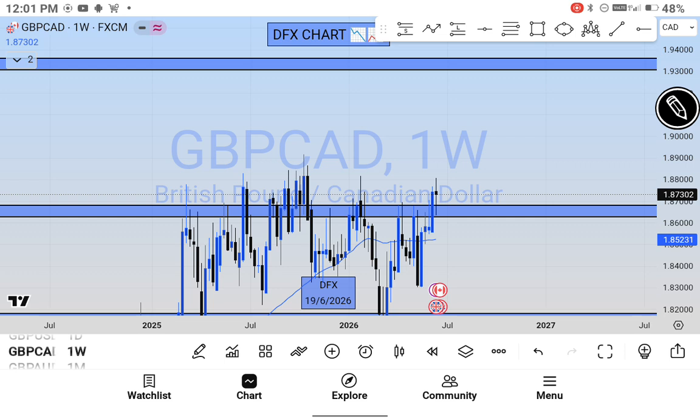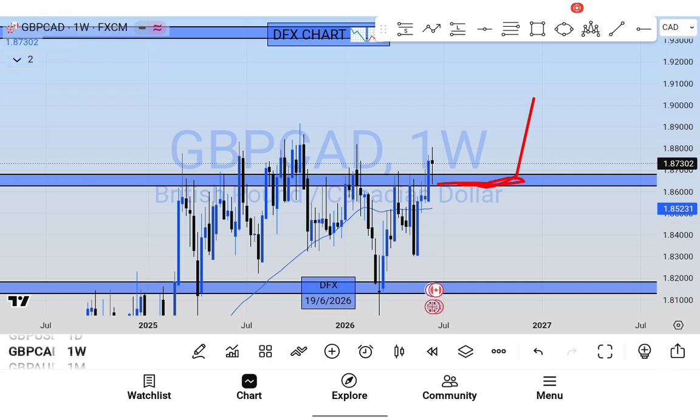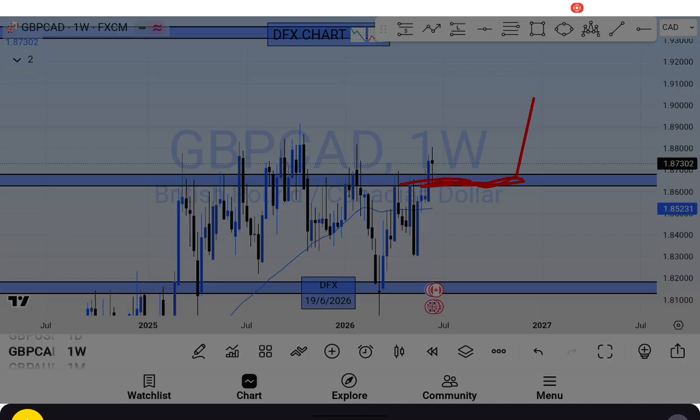Actually, I have a buy trade open on this pair right now. So once the market opens, we start looking for more buys if given the opportunity. So on the weekly time frame, we just broke above a key level, a weekly resistance.